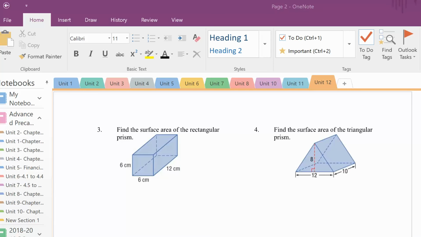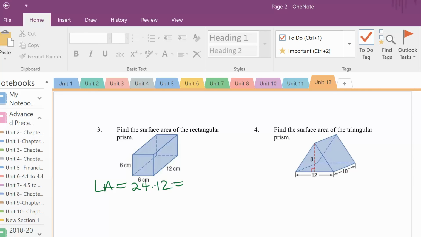All right, find the surface area of the rectangular prism. This one might be a little easier to find the area of the bases. First you have to find the lateral area. The perimeter of the base, well, this is a square, so the perimeter is 24, and the height is 12.